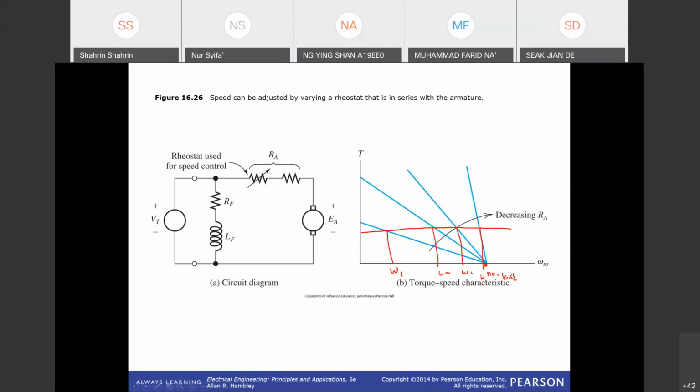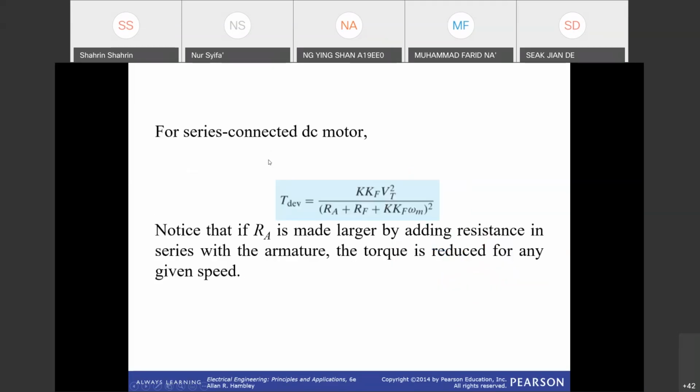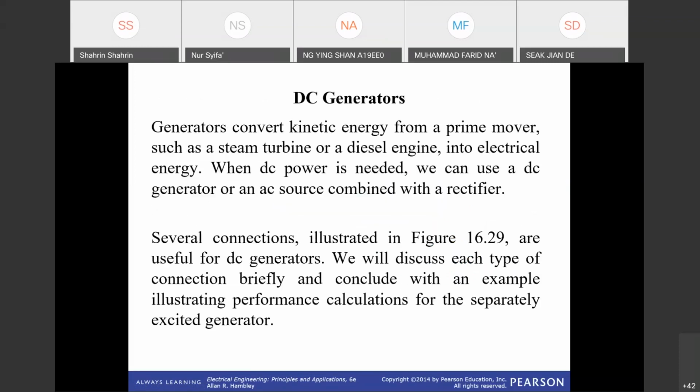Okay, so I think that's all for the methods to control the speed of the DC motor. Only the last method, which is inserting the RA, is applicable for all DC motors.